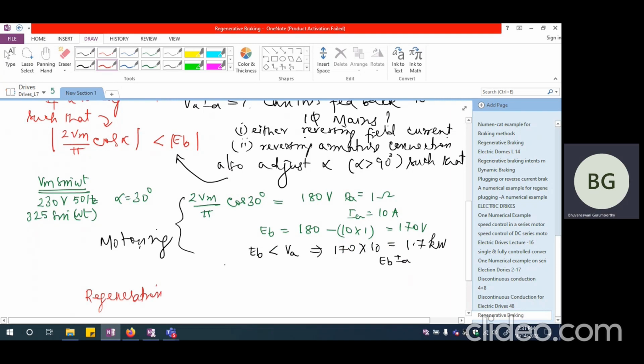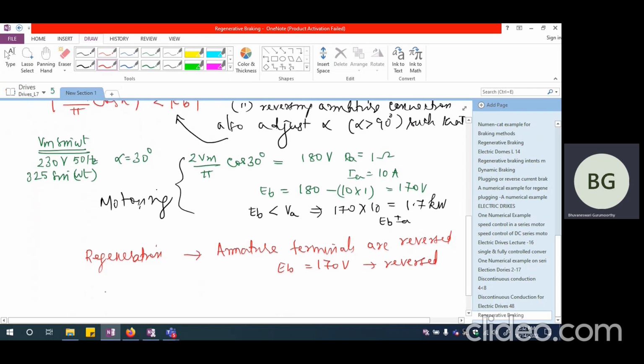So during regeneration, let us say armature terminals are now instantaneously reversed. If armature terminals are reversed, then EB will still be 170 volts, but the voltage is going to be reversed.